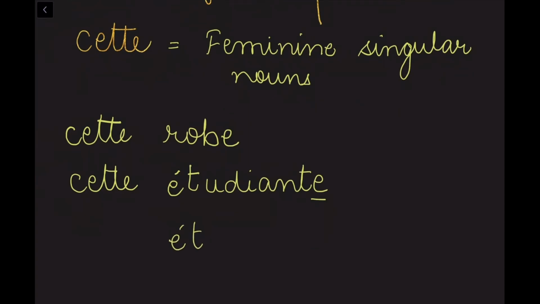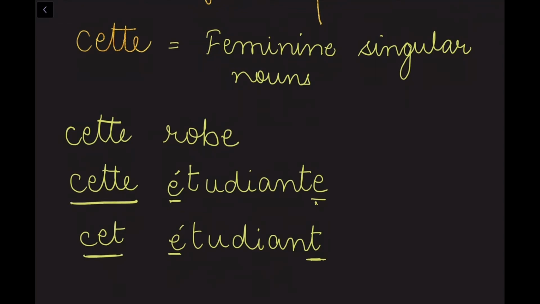If it had been étudiant and not étudiante, that means a male student, then you will use cet only, though both are starting with a vowel, but you don't have to get confused. If it is masculine, then only you will use cet. If it is feminine, then it goes with cette only. I hope this is clear.